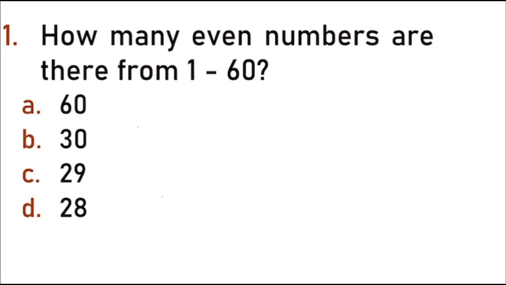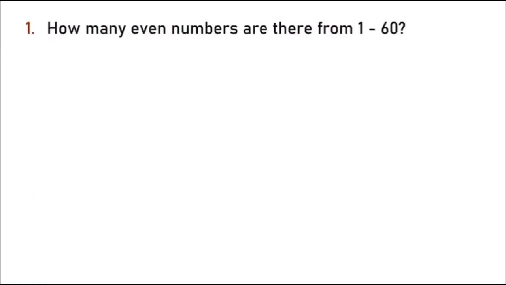Bago natin sagutan ang problem na ito, i-recall na muna natin ano nga ba yung even number. Ang even number is any number that can be divided by 2. Ang opposite naman nito ay odd number. So again, ang problem natin is how many even numbers are there from 1 to 60.